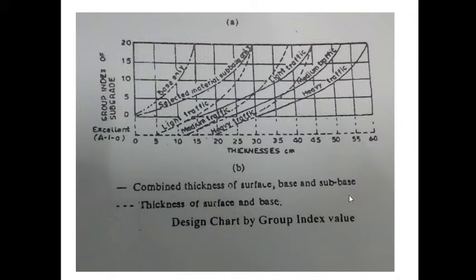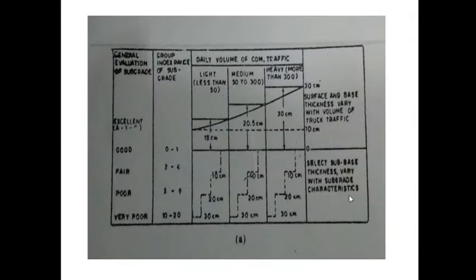We can classify the traffic as light, medium, or heavy based on the number of commercial vehicles per day. If the number of commercial vehicles per day is less than 50, it is light traffic.